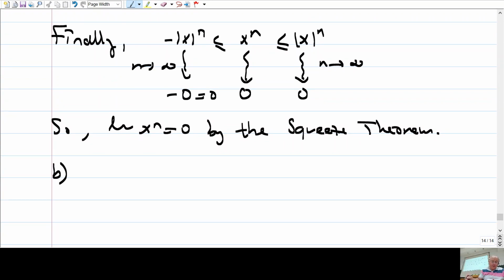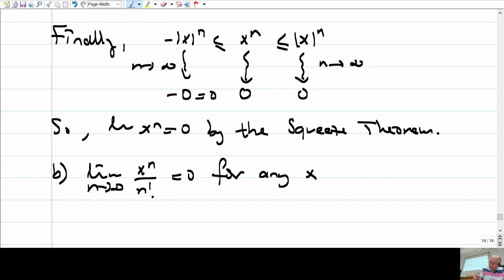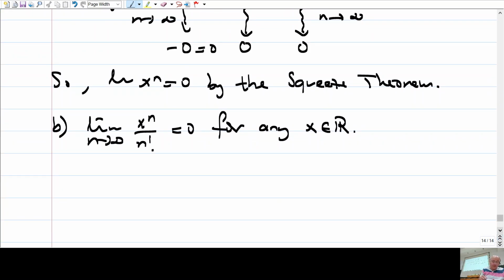For part B, remember that we have to prove the following: the limit of x to the power n divided by n factorial is equal to 0 for any real number x. Let's see why this is true.